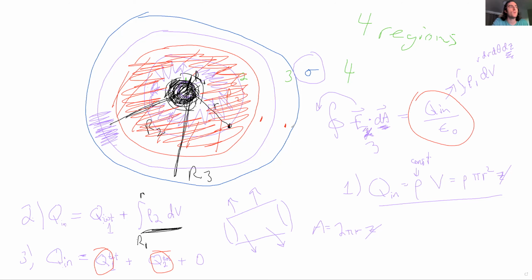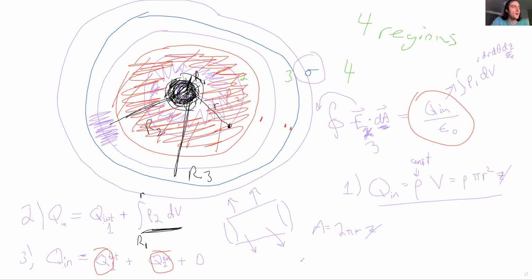And then once we get real close to the surface of the blue cylinder, the electric field will be as small as it's going to be for that region. And then as soon as we cross into the region where we have sigma, the fourth region, then we have to figure out how much charge there is on that final cylinder.